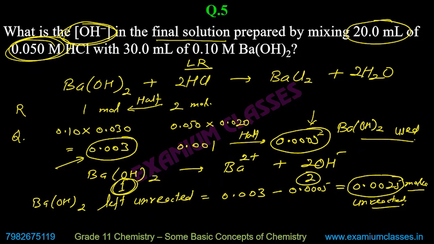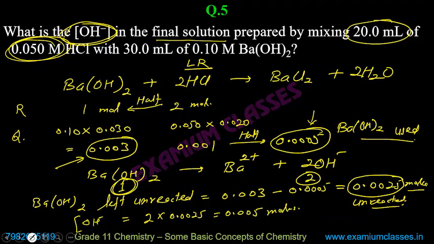But these are the moles. So how many moles of OH ion will you have? You have 2 into 0.0025, that is 0.005 moles. Remember, this is not concentration, this is moles only.